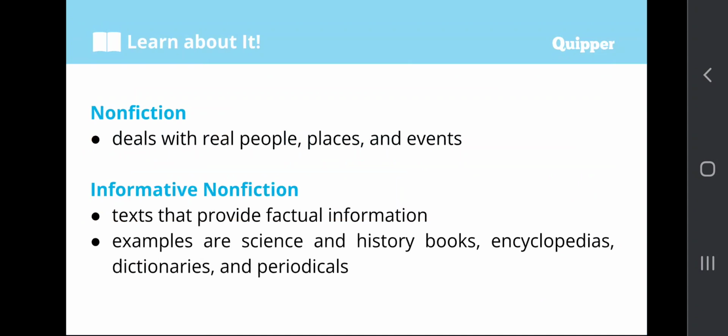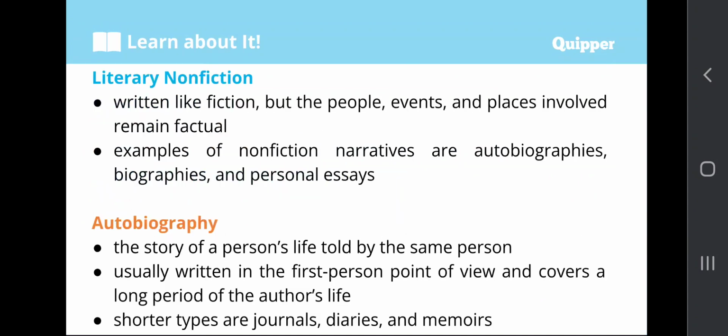Informative nonfiction, on the other hand, are texts that provide factual information. Examples of informative nonfiction are science and history books, encyclopedias, dictionaries, and periodicals. Now let's talk about literary nonfiction.